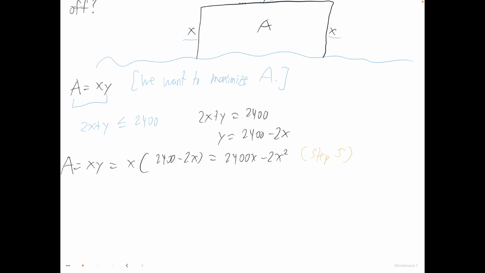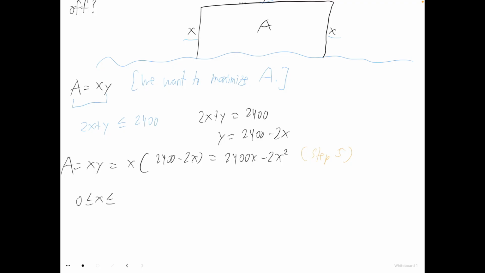Now that we are in terms of one variable, the next thing we want to do is figure out, using the closed interval method or some other method, what the maximum is. So we're going to first talk about some bounds. We want to bound x. Well, x cannot be negative.